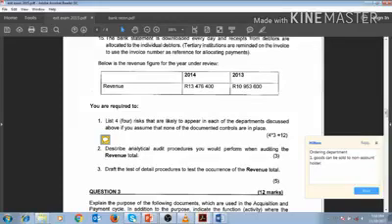Number 2, goods can be sold to a customer that is not in good standing, meaning maybe this is a customer who does not pay his credit or his debt.